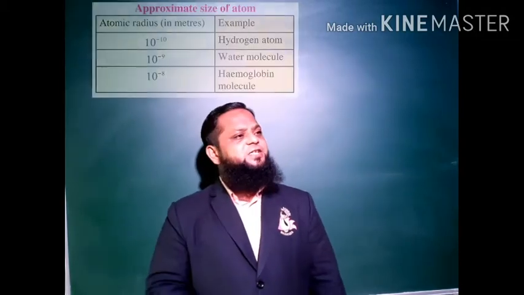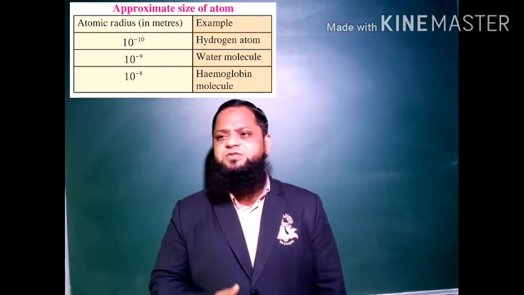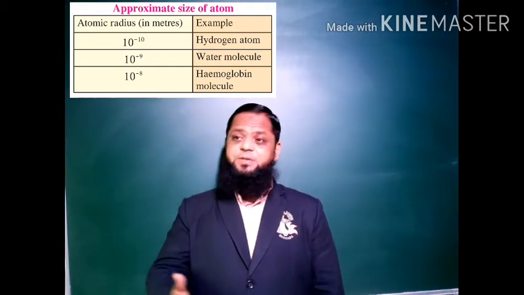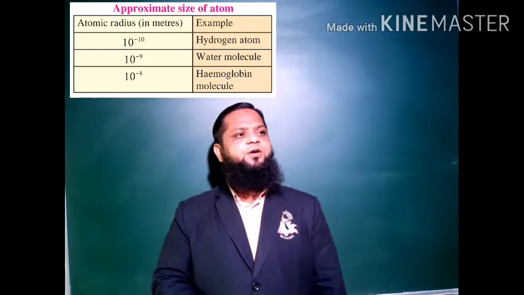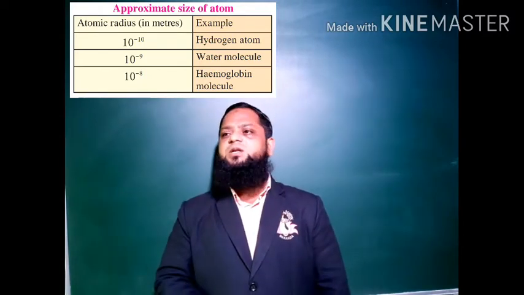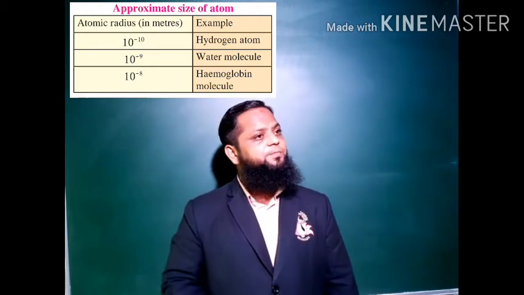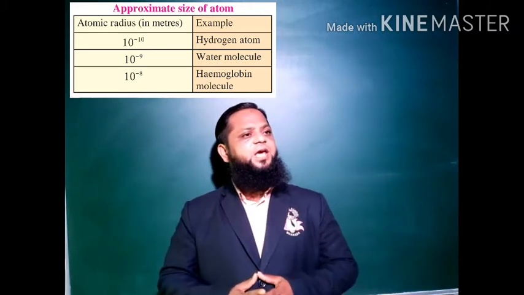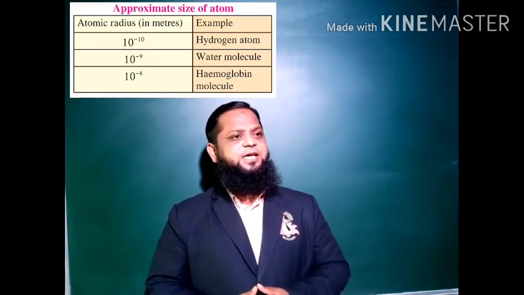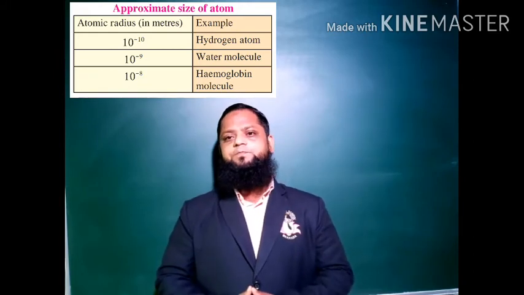The atomic radius of hydrogen atom is 10 raised to negative 10 meter. The atomic radius of water molecule is 10 raised to negative 9 meter, and the atomic size of hemoglobin molecule is 10 raised to negative 8 meter.